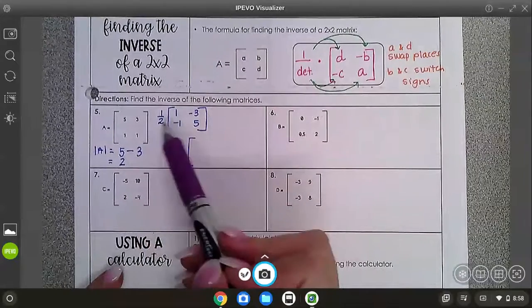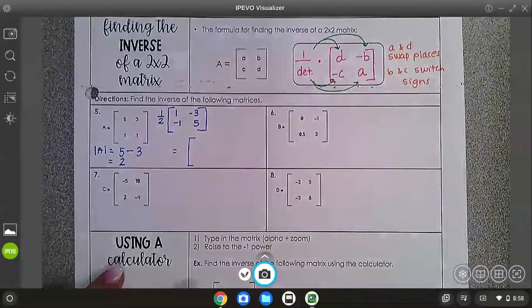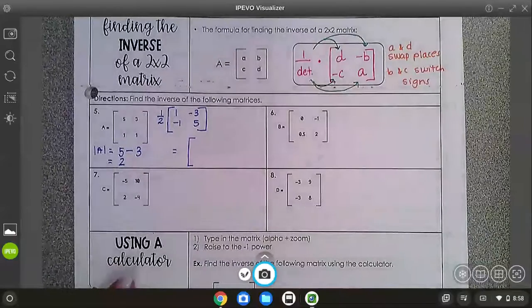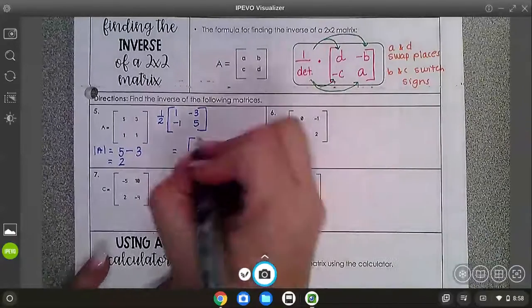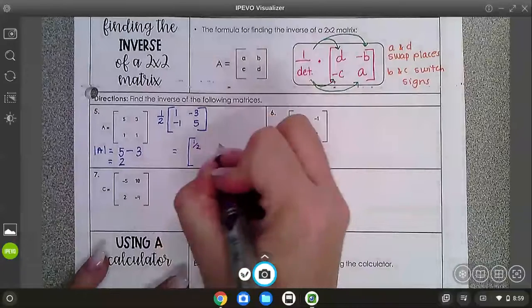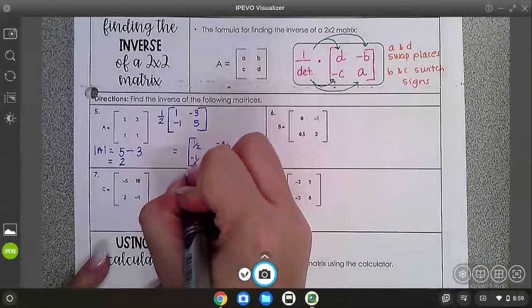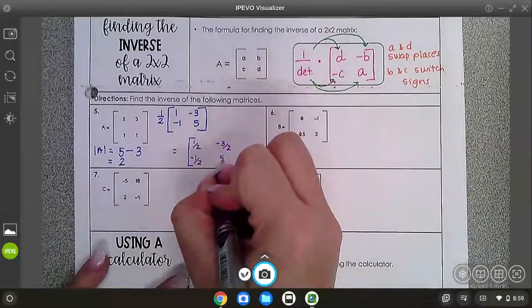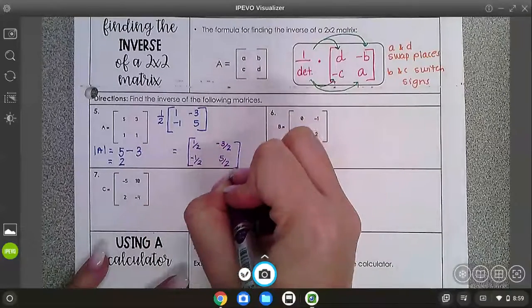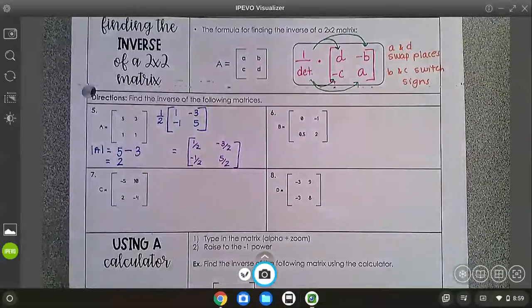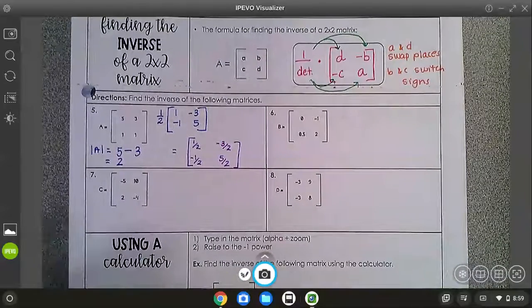Okay, so then I have to multiply each of those by 1/2. That's the same thing as just putting a 2 in the denominator. So this would be 1 over 2, -3 over 2, -1 over 2, 5 over 2. Now, if any of those fractions would simplify, you would need to write the simplest form.